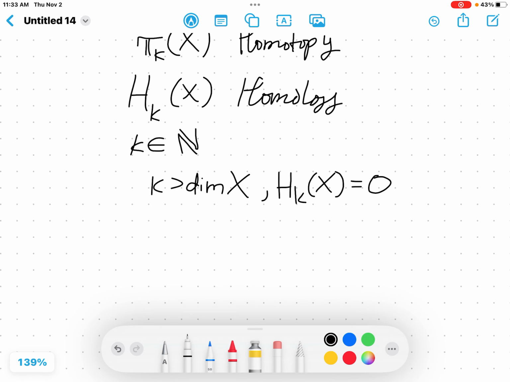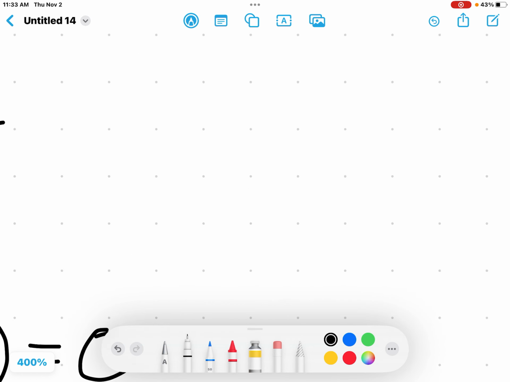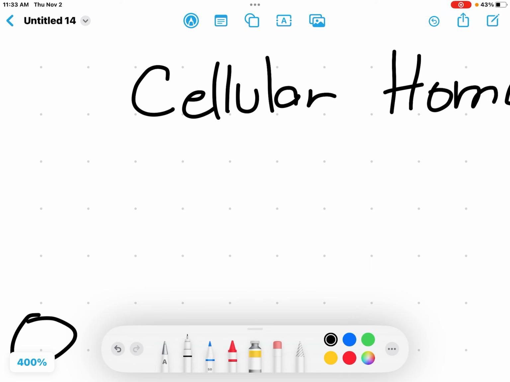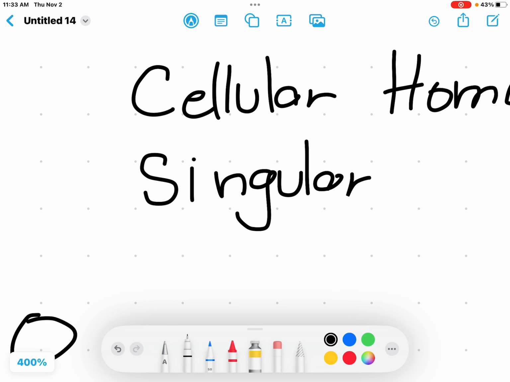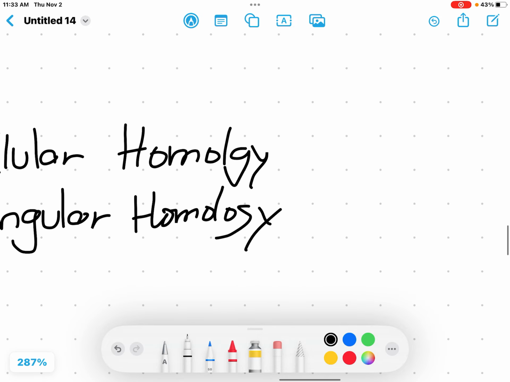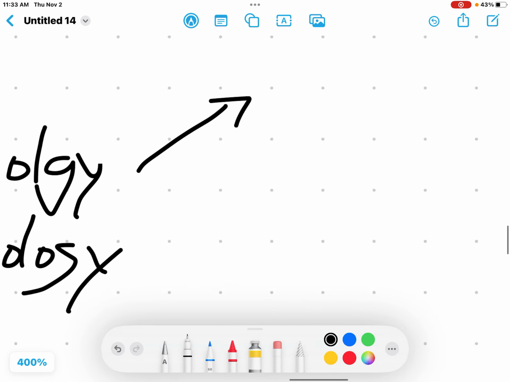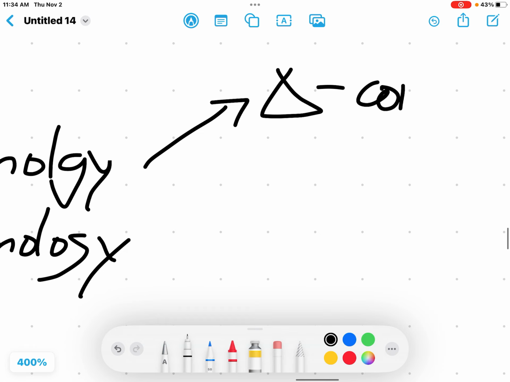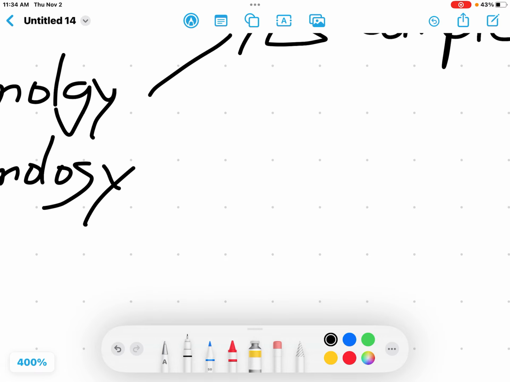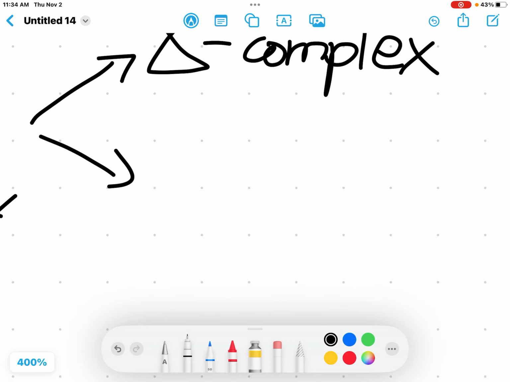There are many different types of homologies out there. There is cellular homology, which works best with graphs or discrete spaces if we're gonna study them. There's singular homology. And there's another one, a subset of cellular homology, which uses delta complexes. So we impose a delta complex structure on our space, or we induce a triangulation.